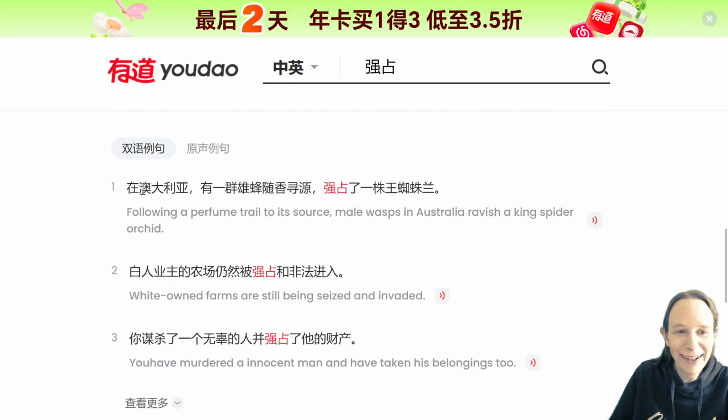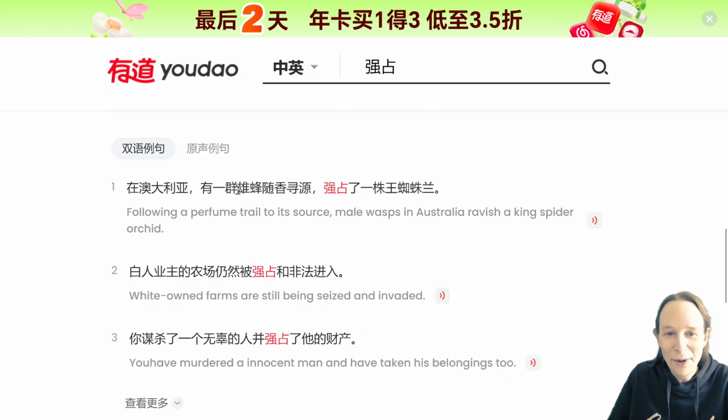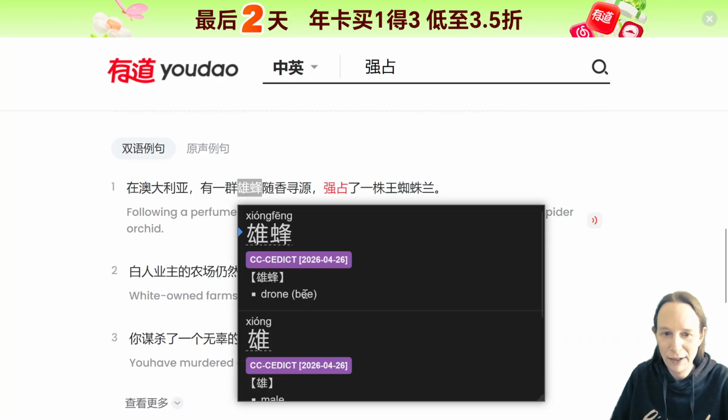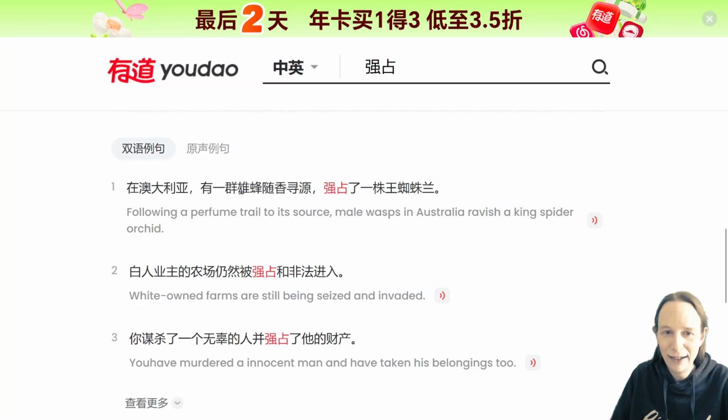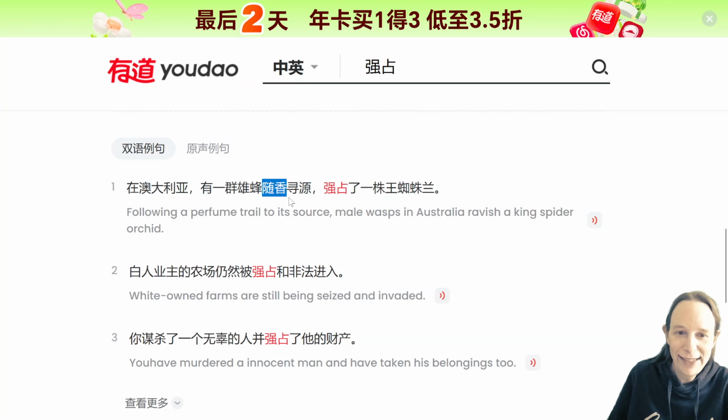Wasps. All right, I'm kind of curious. 在澳大利亚 and Australia 有一群雄蜂. So this is a male 蜂, by itself can be bee or wasp, unspecific, but 雄蜂 is drone. Oh yeah, so males are drones. 水乡巡园常见的一株黄珍珠兰. Is it a type of spider?